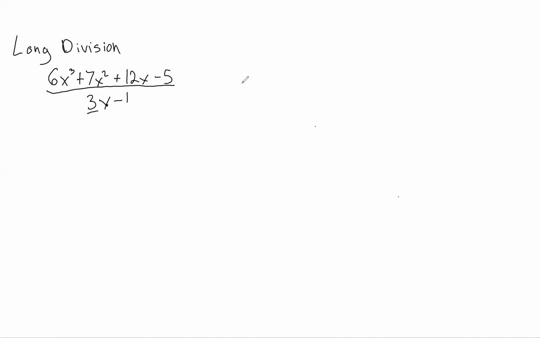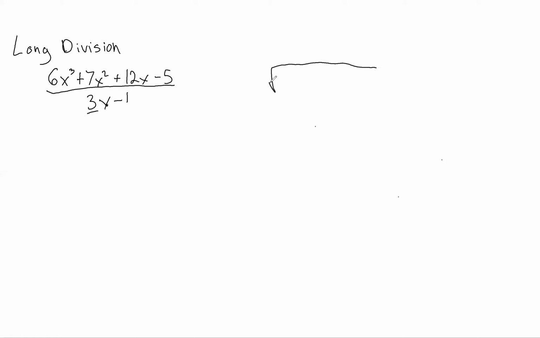So let's set it up. The first thing that we do is we make sure that all of our exponents are in descending order. So we've got 3, 2, 1, and so we're good. If it went 3 and then 1, we would have to put a 0 in for a placeholder for the x squared.